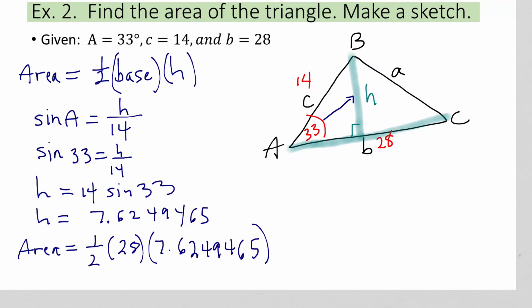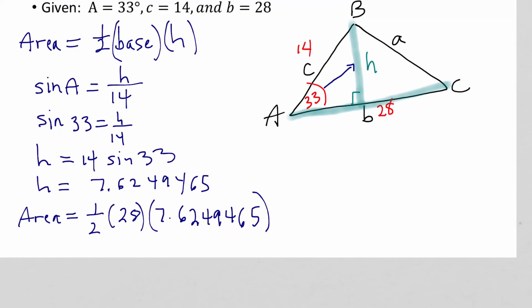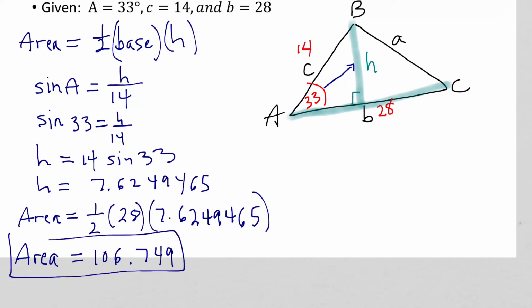So typing all that into the calculator, I'm going to get that my area is equal to 106.749 square units. So here's my area, rounded to the thousandths place.